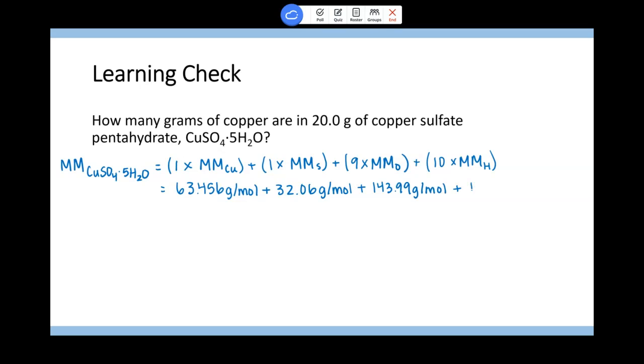And then 10 times the molar mass of hydrogen is 10.08 grams per mole. This gives us a total molar mass of 249.68 grams per mole.